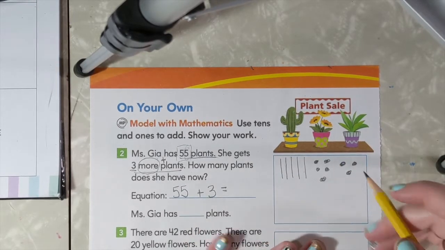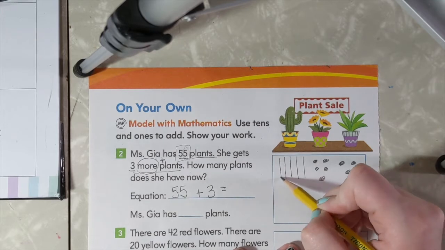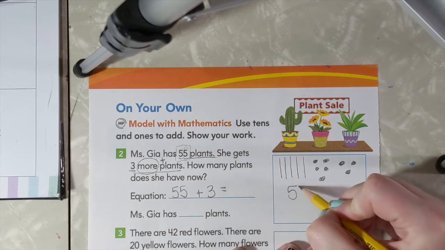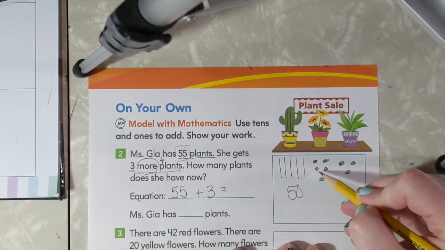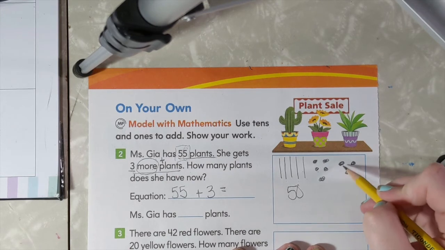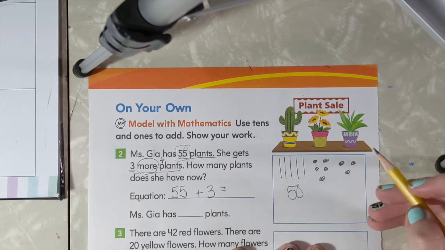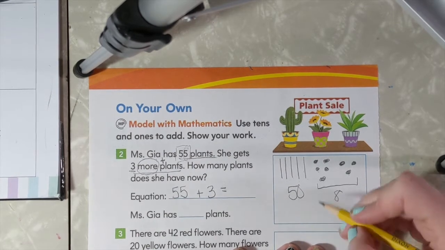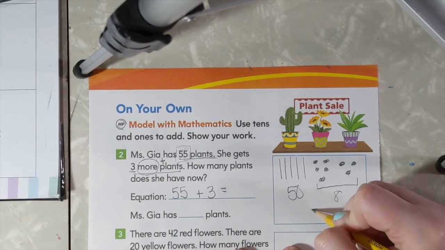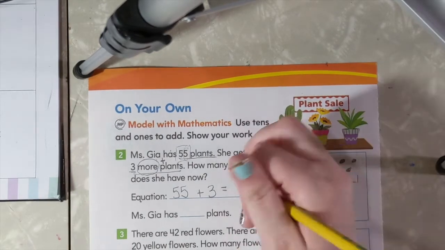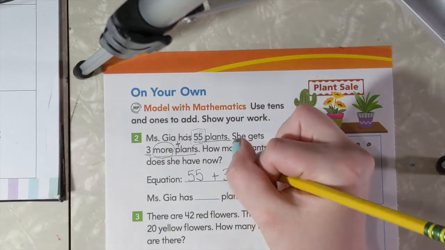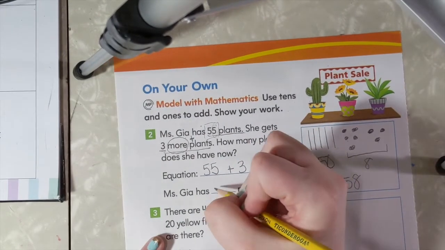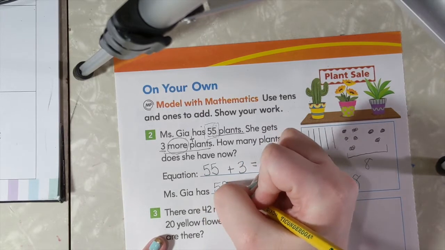So let's count how many we have all together. 10, 20, 30, 40, 50, 51, 52, 53, 54, 55, 56, 57, 58. 50 plus 8 will give us 58. So our equation is 55 plus 3 equals 58. So Miss Gia has 58 plants.